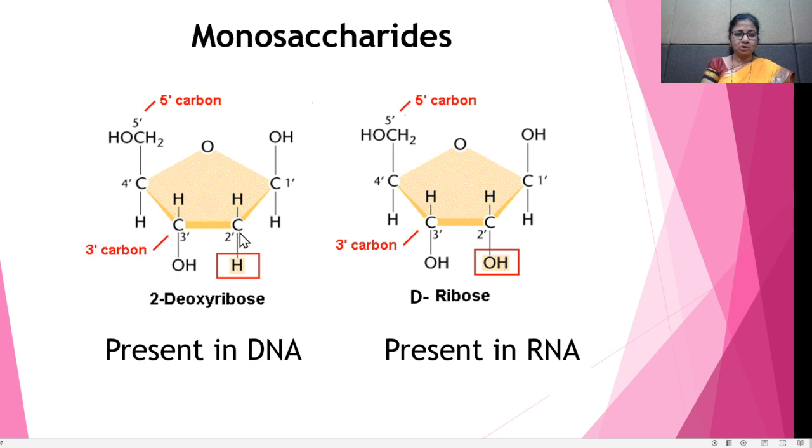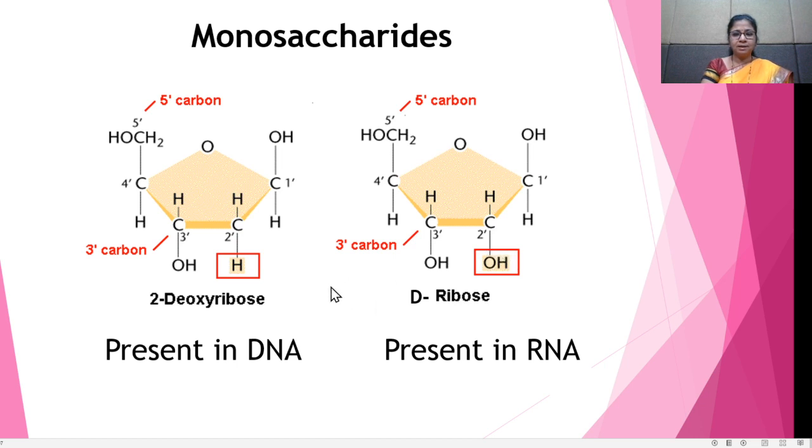In 2-deoxy, that means carbon number 2 contains 2 H atoms. The oxygen atom is reduced from here, and therefore it is 2-deoxyribose sugar. And in RNA, the monosaccharide is D-ribose sugar, that means carbon number 2 has the OH group.